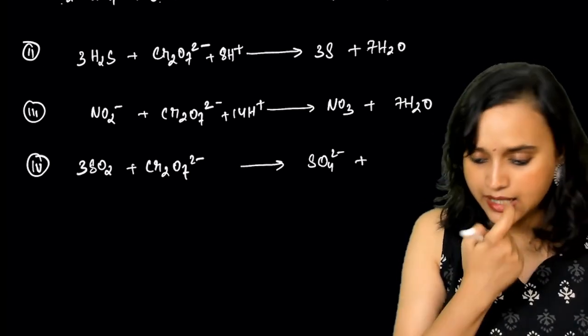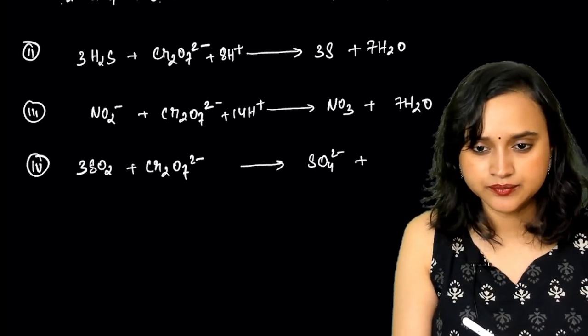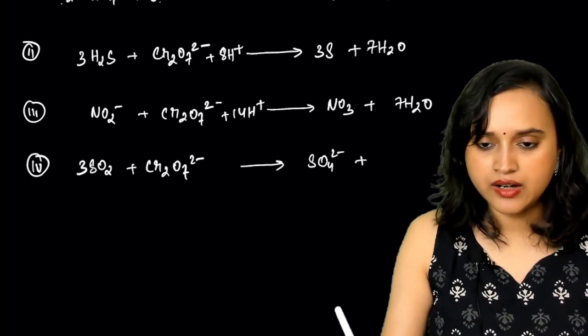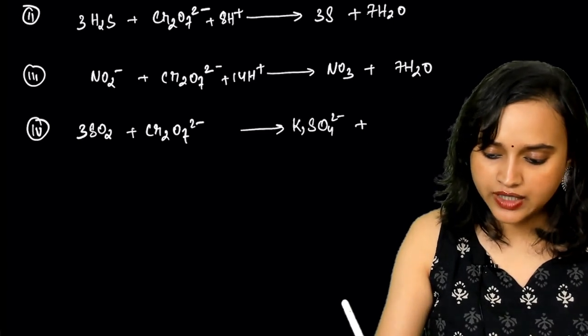Let's say if I take 3SO2, then how many am I going to get? Here it will be K2, so I will have K2SO4.